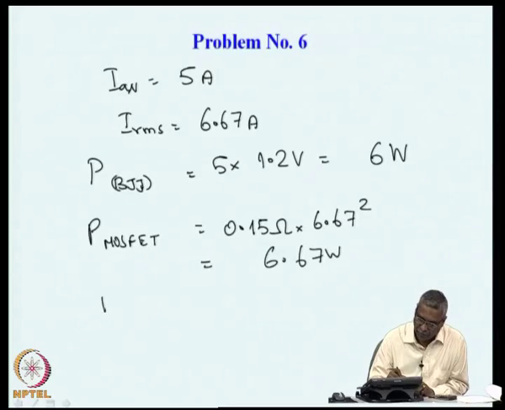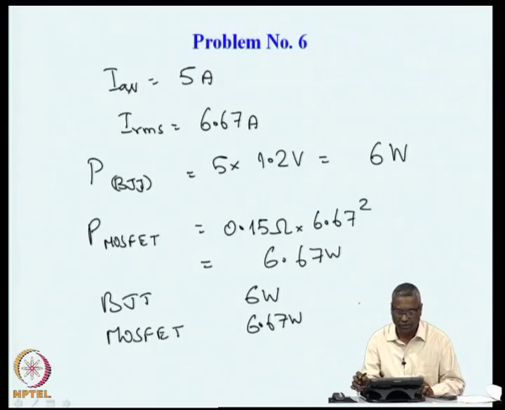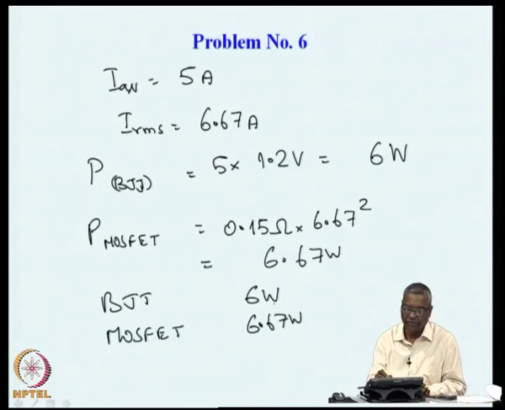So, we see that BJT dissipates 6 watts for this application, MOSFET dissipates 6.67 watts for this application. Both are nearly equal, but BJT is slightly more efficient, having less losses.